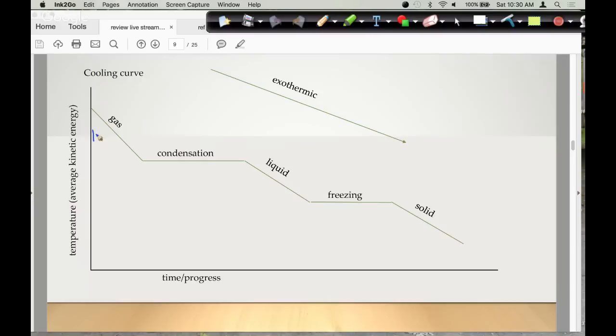Because this is exothermic, the kinetic energy is decreasing when the temperature is decreasing. And it's the average kinetic energy that's decreasing. And the potential energy would be decreasing for the phase changes. The name of the gas to liquid phase change is condensation. The name of the liquid to solid phase change is freezing, or you might also see solidification.